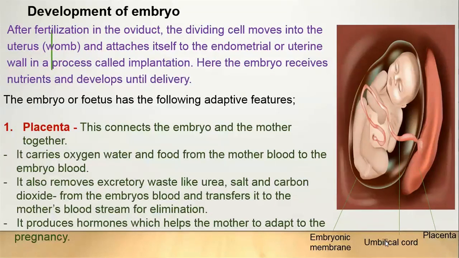Number 2, it also removes excretory waste like urea, salt, carbon dioxide from the embryo's blood and transfers it to the mother's blood for elimination. It also produces hormones which help the mother to adapt to pregnancy. So here is a baby attached to the placenta through the umbilical cord.